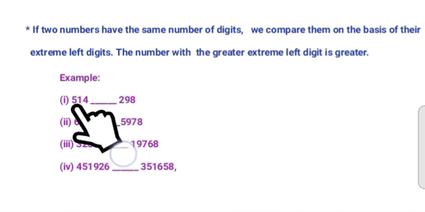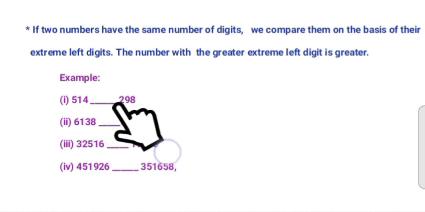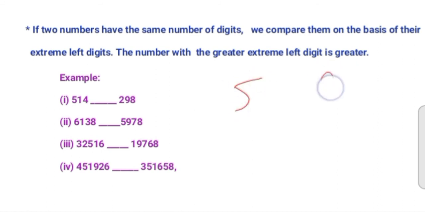So extreme left in the sense, this is the 100 place. You can compare both the 100 place. When you are comparing that, we have 5 and 2. We have 5 in the first number, 2 in the last number, isn't it? So the 100 place we have 5 and 2. So 500, 200. So here which is the biggest number? This is the biggest number.